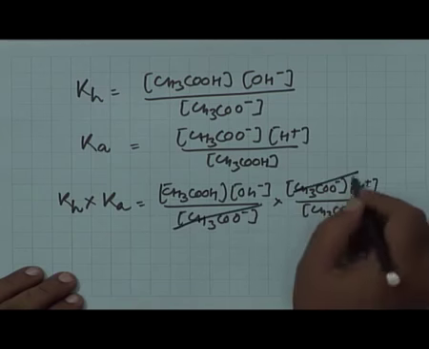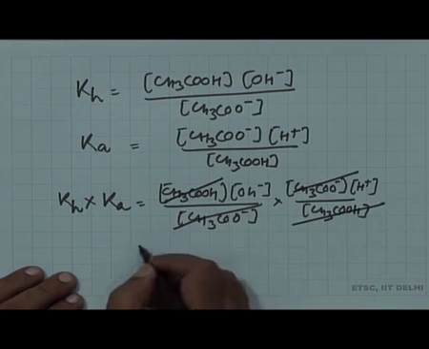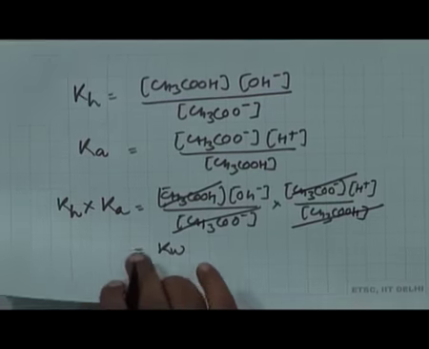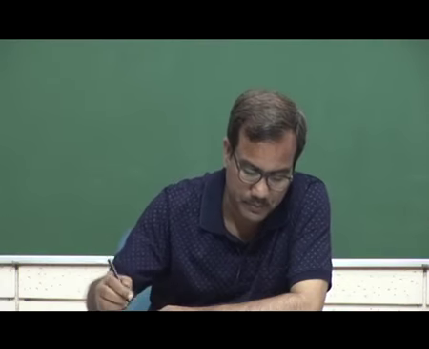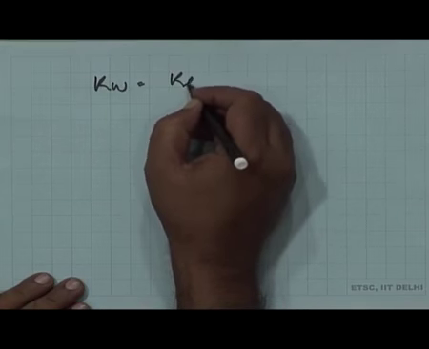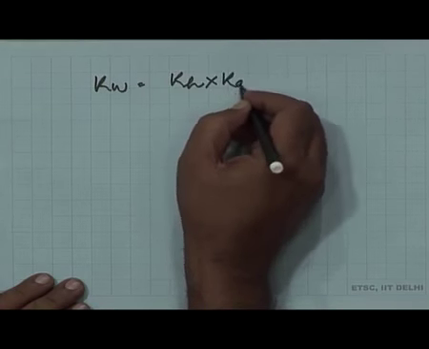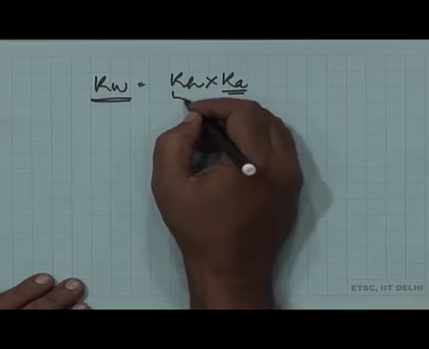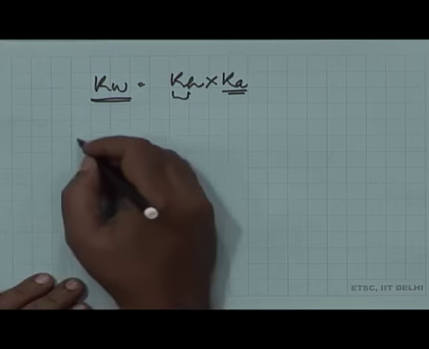So, this cancels out, this cancels out, this cancels. So, this is simply equal to Kw. So, Kw is equal to Kh into Ka.